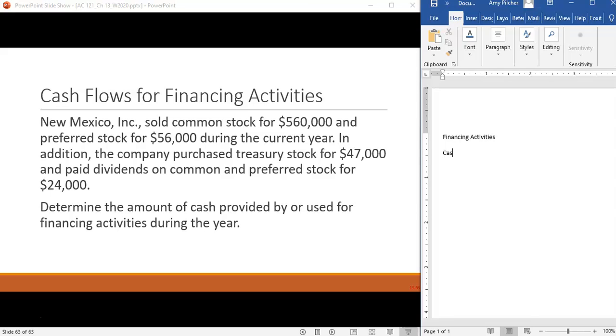So we start with cash received from sale of stock. We had $560,000 in common stock and $56,000 in preferred stock, giving us a total sale of stock of $616,000. We have cash paid to purchase treasury stock.